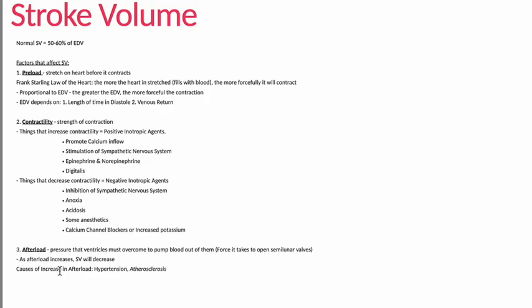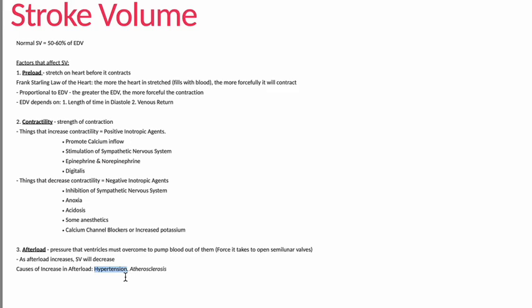So we're going to see this with things that narrow the tube, that make the aorta a little bit smaller, or any of the blood vessels downstream. Atherosclerosis. We see this with cholesterol building up and making those blood vessels smaller. Hypertension. So hypertension is high blood pressure. We see high blood pressure a lot due to constriction of blood vessels.